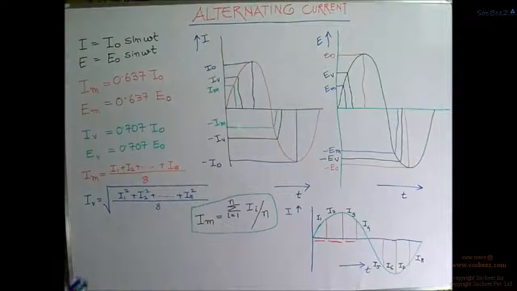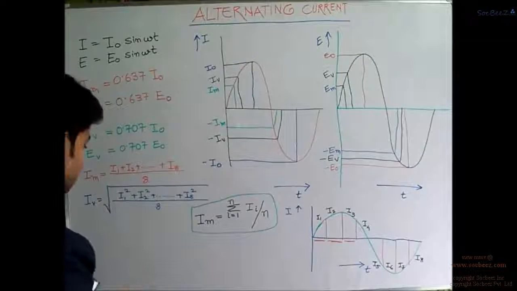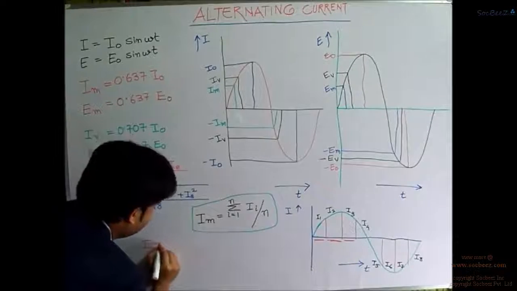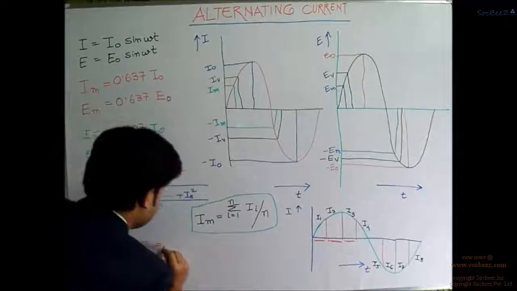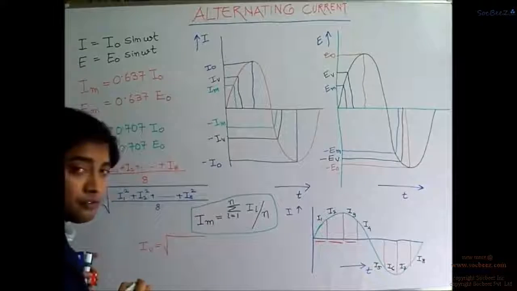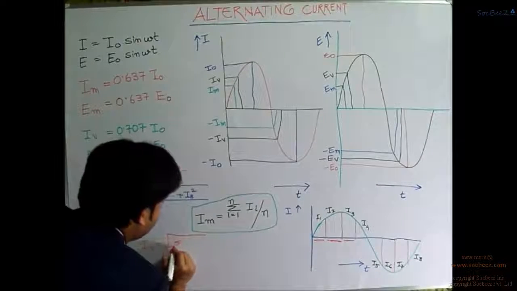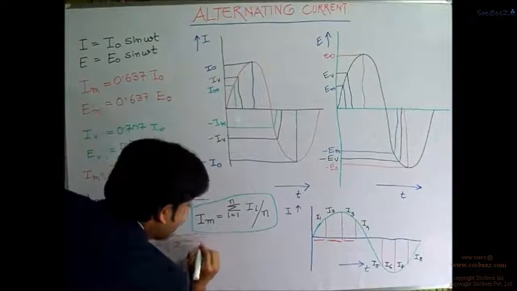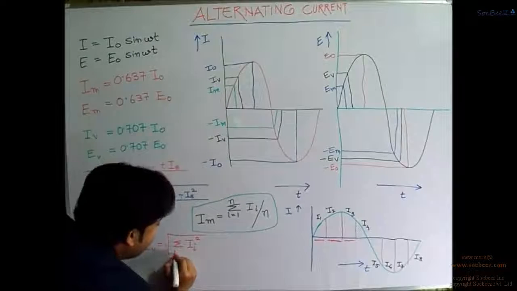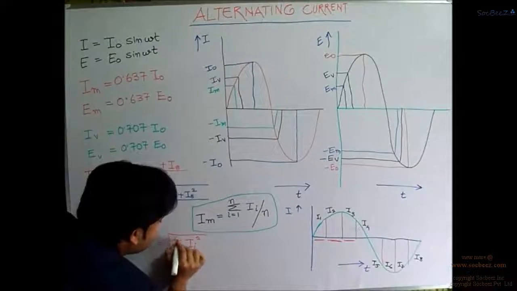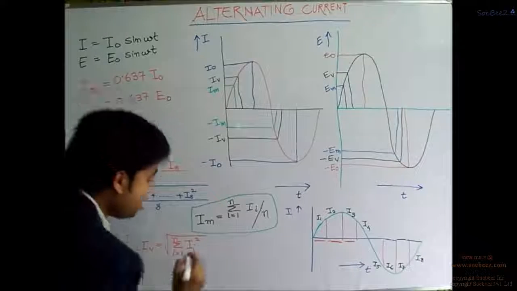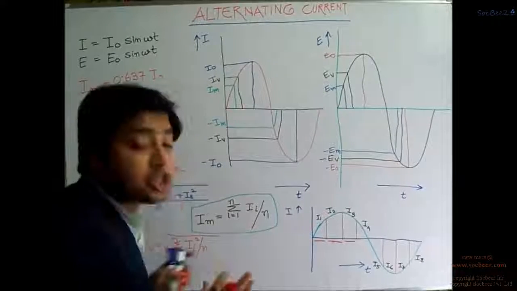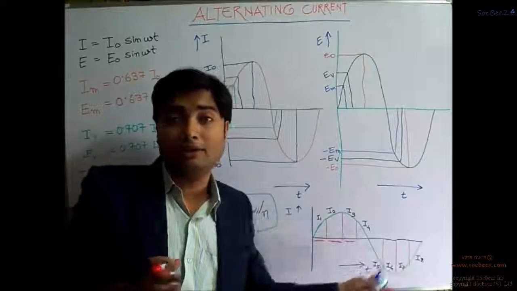And for this particular IV, what can we write? IV will be equal to the square root of the summation of I square, for I equals 1, summated up till n, whole divided by the number of observations, or the number of parts into which we have broken it up, right?